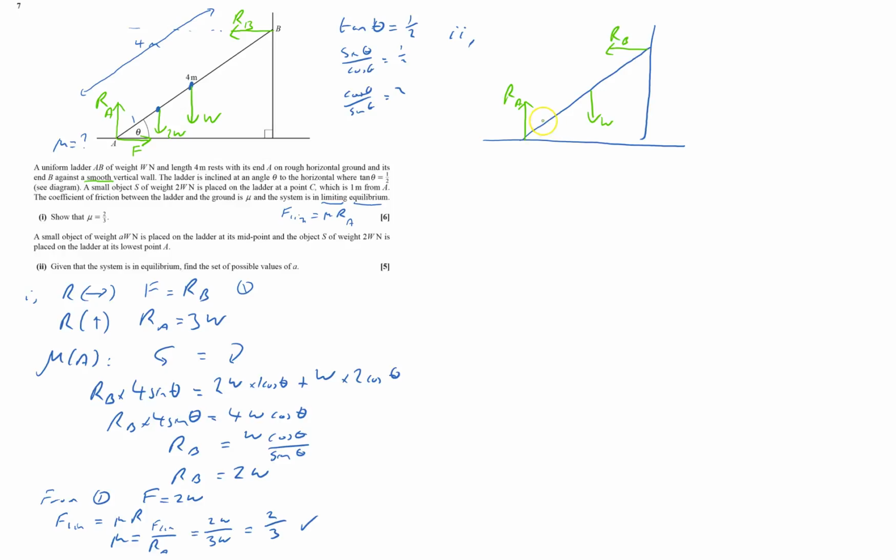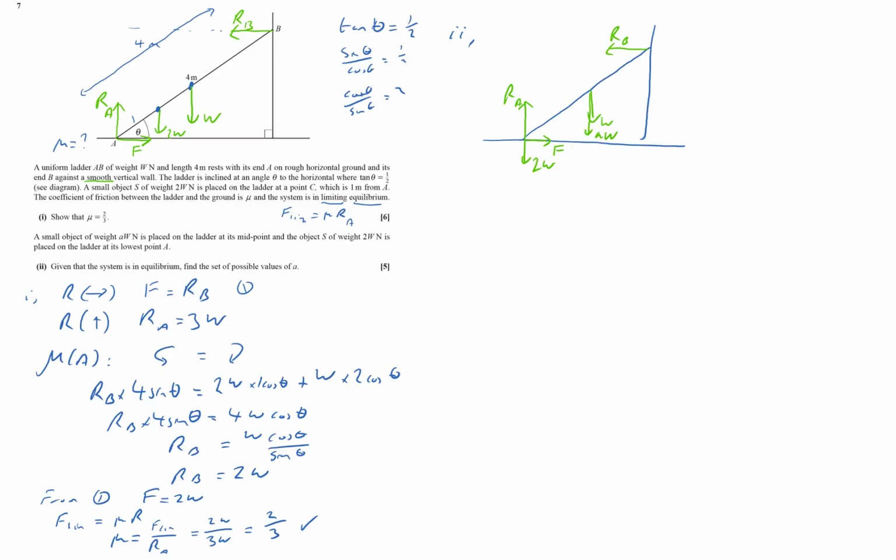But now I've put a weight of AW here, so I'm going to get another AW there. I've got the weight of 2W put down here, so I've got 2W there. Obviously still got friction coming in, and I think that's pretty much where we are.